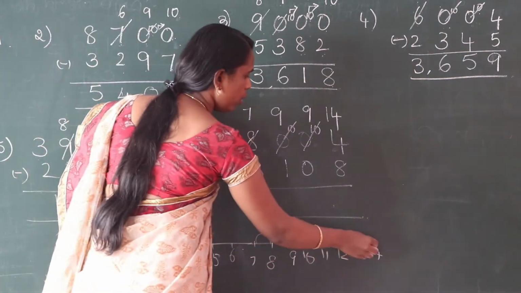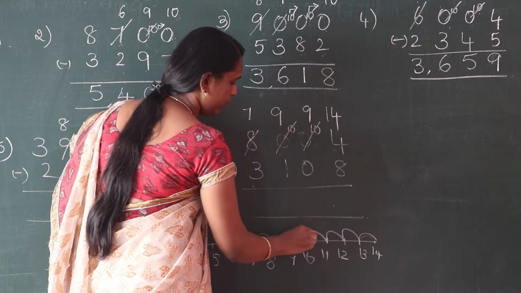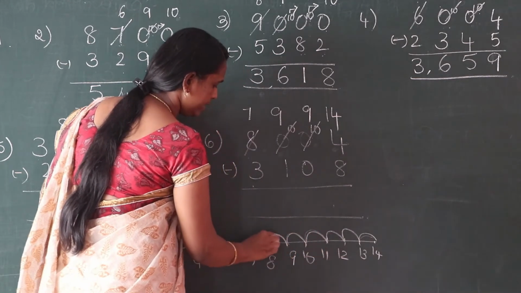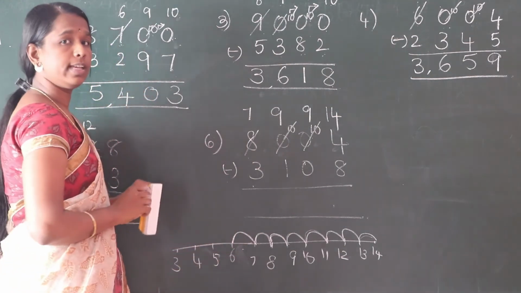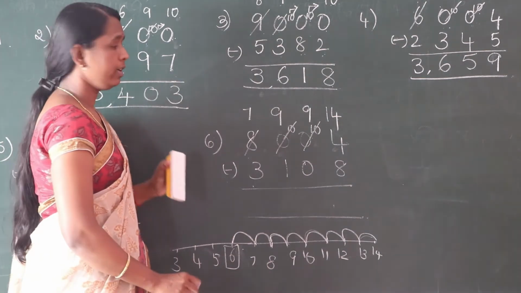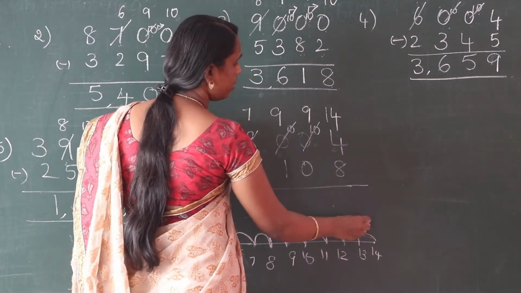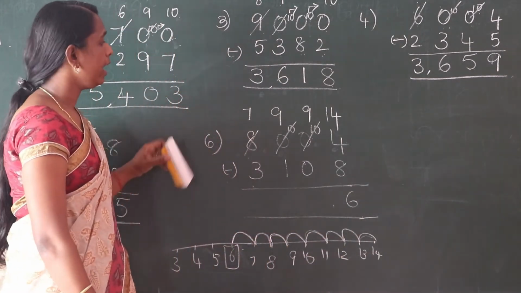See once again. So what is the answer? 6 is the answer. 14 minus 8, how much children? 6. Okay.